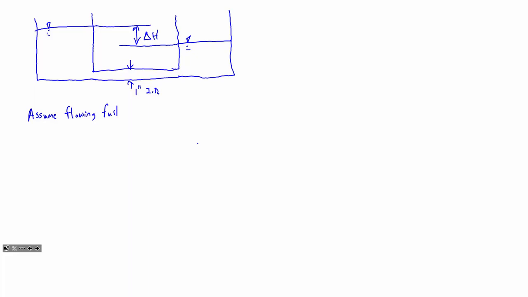We can say there that the Hazen-Williams equation is going to be velocity is equal to 1.38 times C times R to the 0.63. So you see here this is very similar to Manning's formula. Again, another empirical equation here.